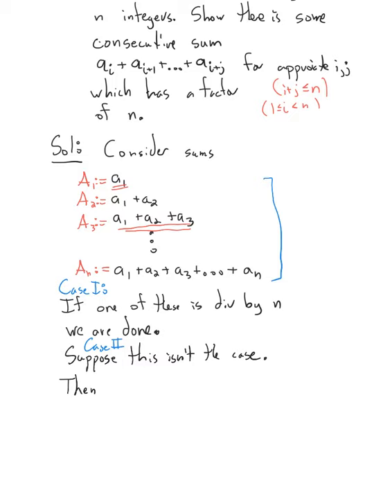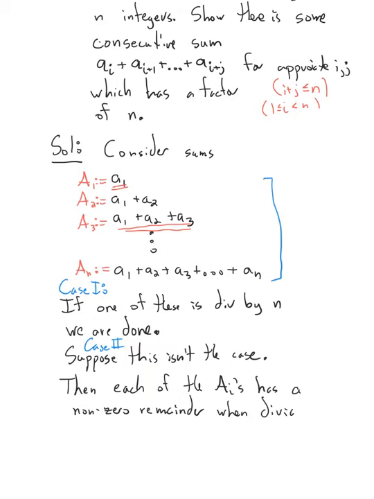Okay, then what's happening here? Well, that means that each of the big AIs has a non-zero remainder when divided by n. Well, what does that mean?